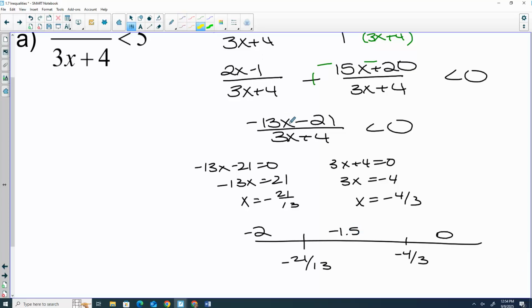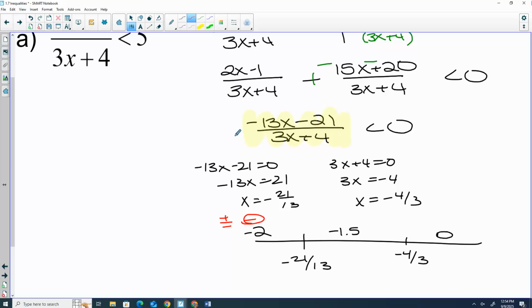All right, I am plugging these into my fraction right here. So if I put in a negative 2, I get 26 minus 21, so that's positive. Negative 6 plus 4 is negative, so overall negative. Negative 1.5, you are welcome to use a calculator if you need to. All we care about is the positive, negative.